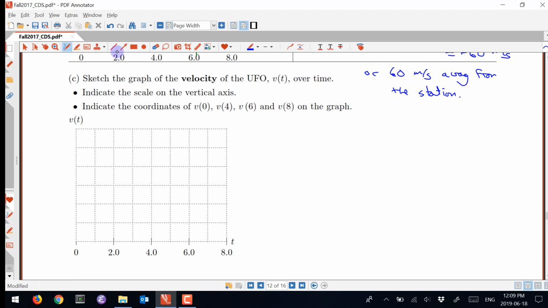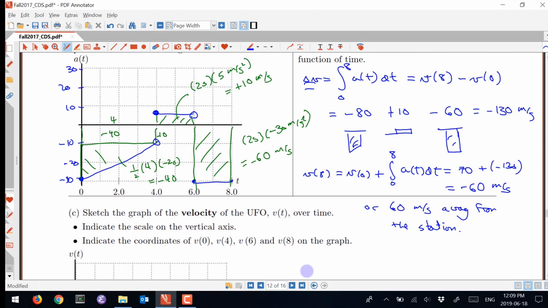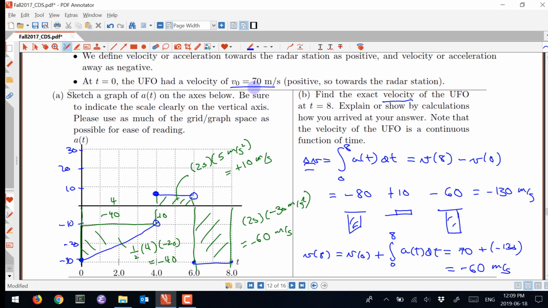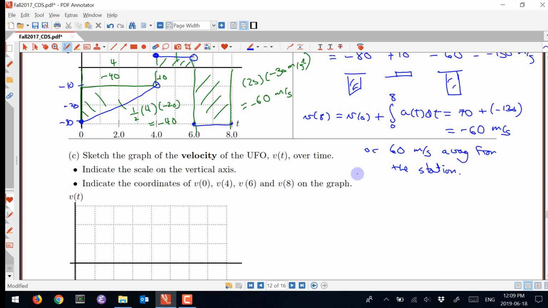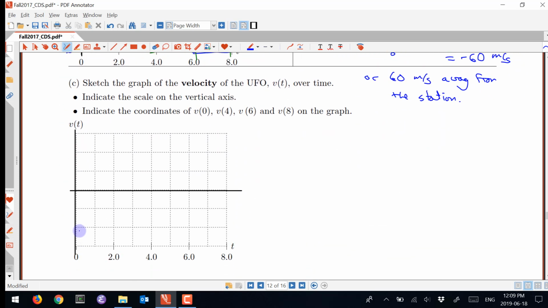All right, last but not least, let's sketch a graph of the velocity now. Well, we already have a head start because we know the starting value, it's 70, and we know the final velocity is negative 60. So let's do this as negative 60, do this as positive 60, so 70 is up here, negative 30.